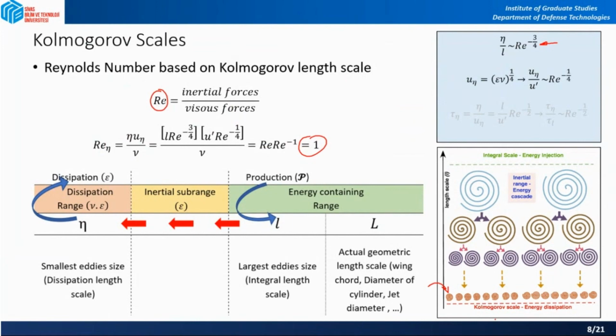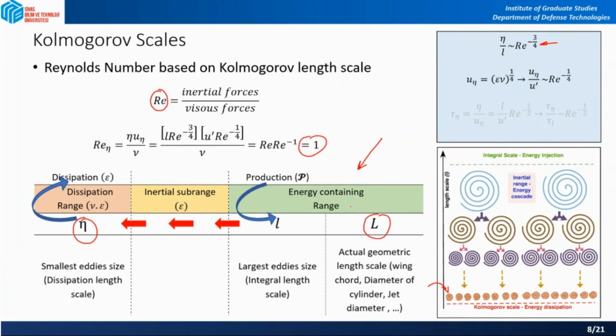All these exercises, plus the stories I told about the life of an eddy, can be summarized in this sketch here. On the left hand, we have the smallest eddy size. And on the right hand we have the actual geometry.